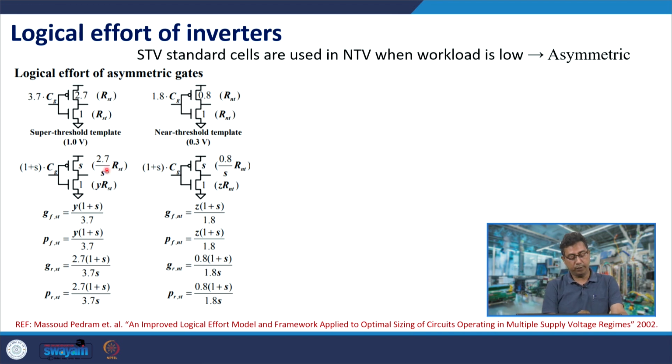Now, what is the effective resistance of the transistor? This is quite a simplistic argument, assigning a value of resistance to a transistor, but it is an effective resistance which one can obtain through simulations. It is an equivalent kind of resistance, and you can obtain it by extracting the RC time constant.